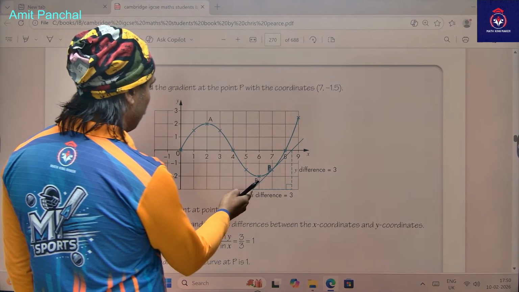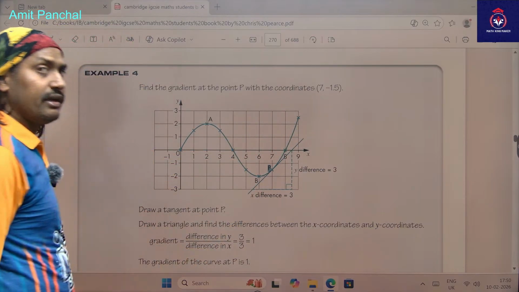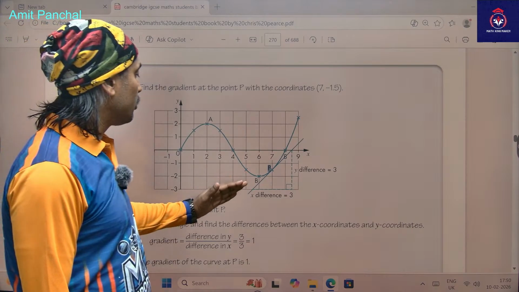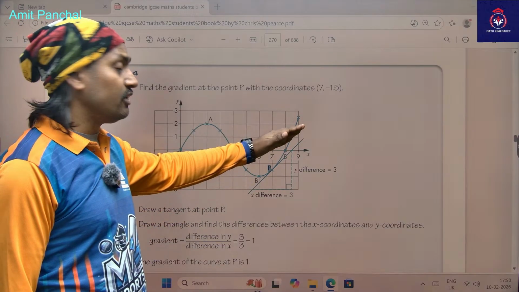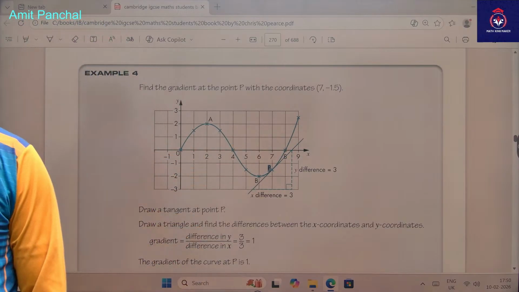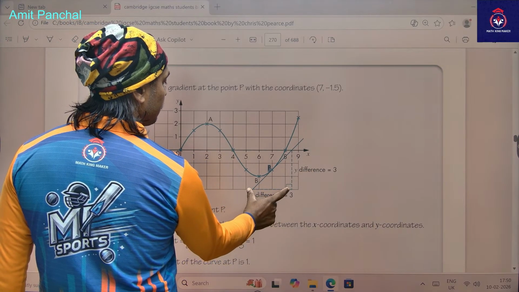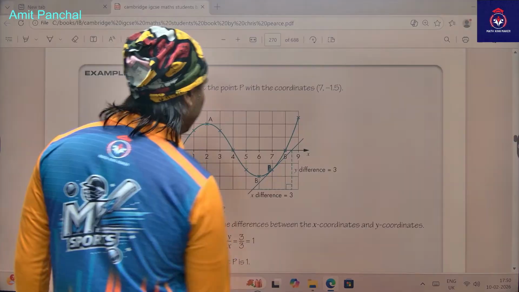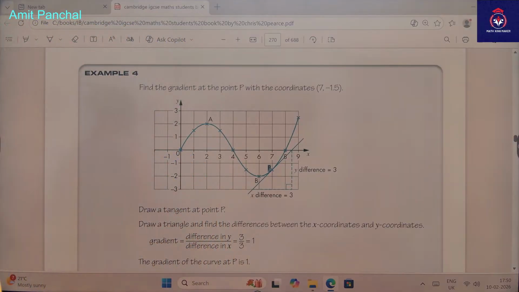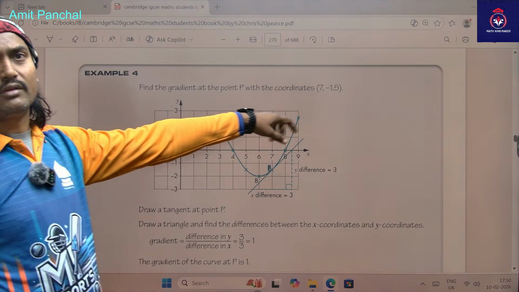You take that straight line and find its slope. As it is a straight line, you can easily find its slope. That is its y difference and that is its x difference. So the y difference is 3, the x difference is also 3. So its gradient will be 3 by 3, which is 1.